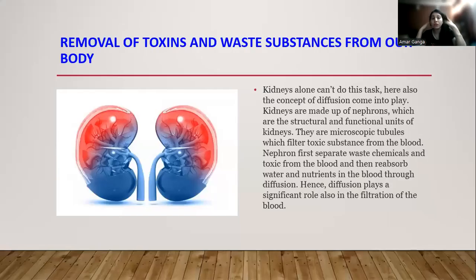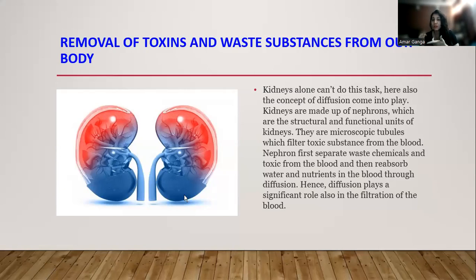In our body also, diffusion plays an important role. Diffusion plays an important role in the removal of toxins and waste substances from our body. Now you will say that there is a layer, and the name of this type of diffusion is facilitated diffusion. I hope this point is clear for you all.